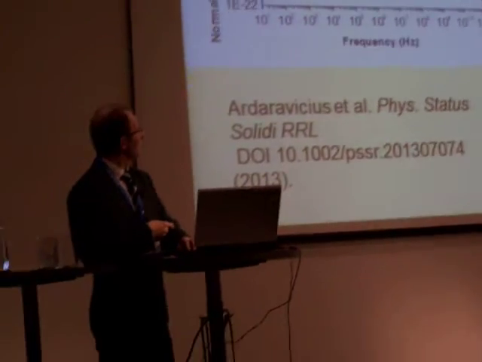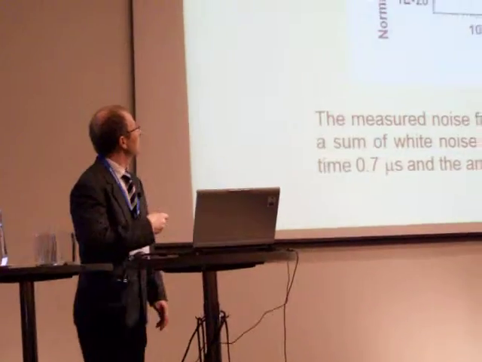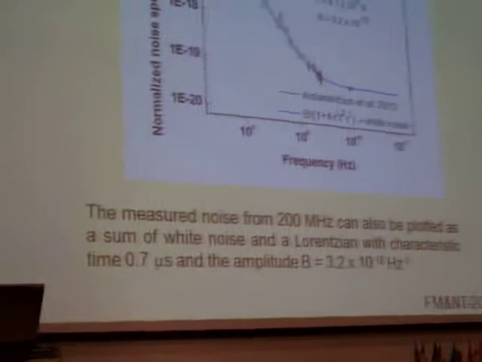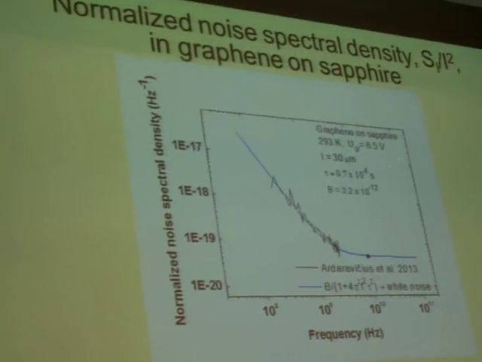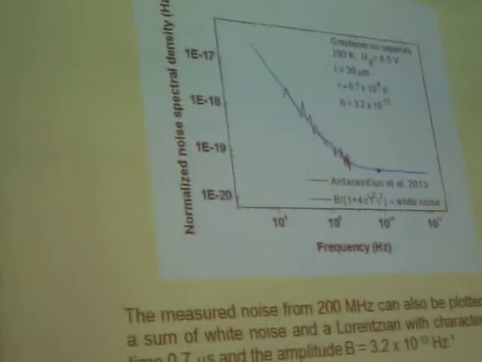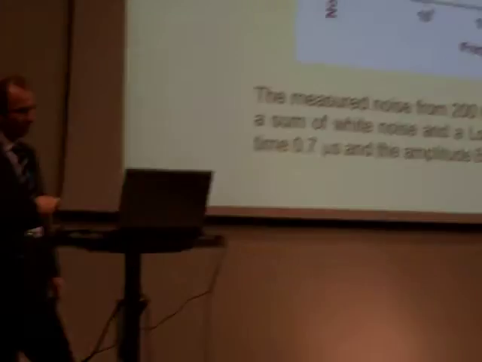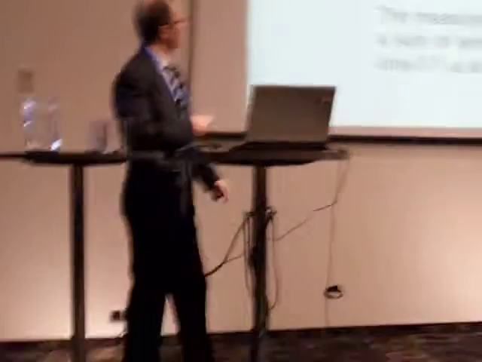The highest frequency Lorentzian has the characteristic time 0.7 microseconds, and the amplitude 3.2 times 10 to minus 12 per hertz.